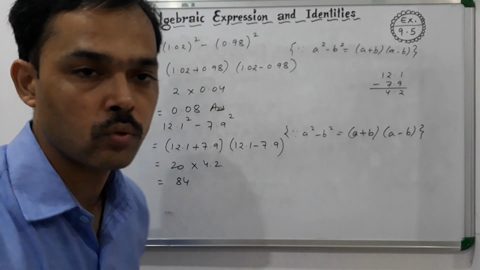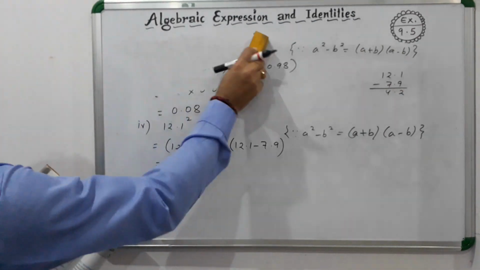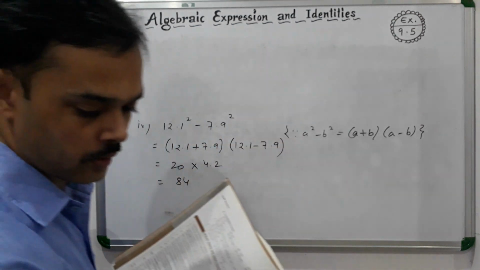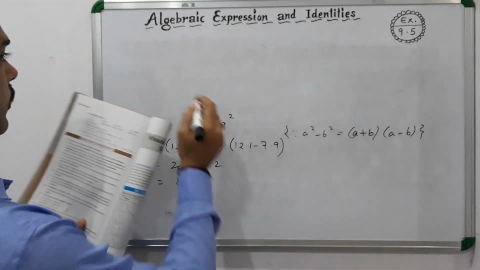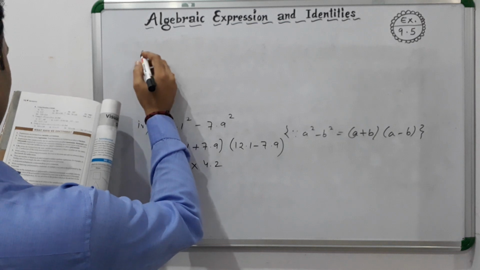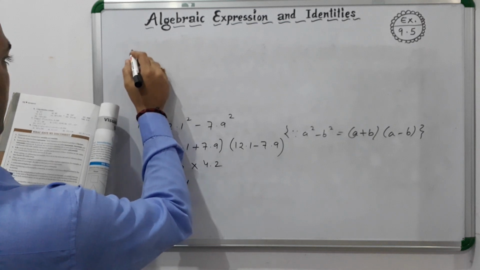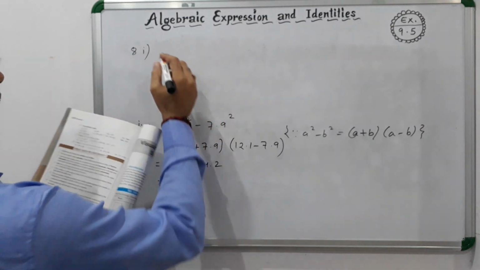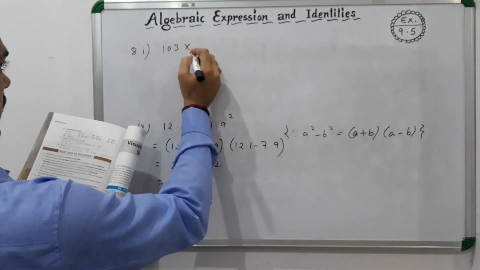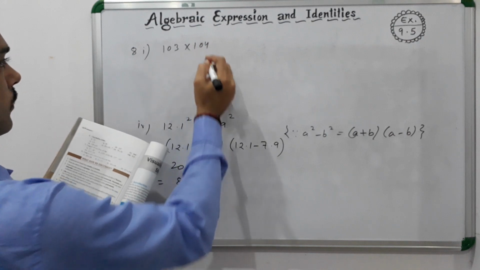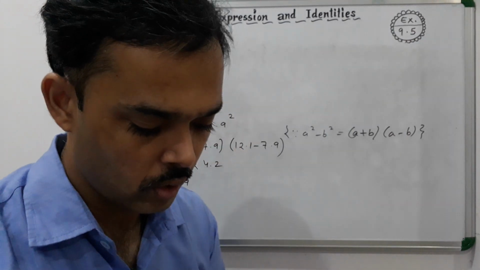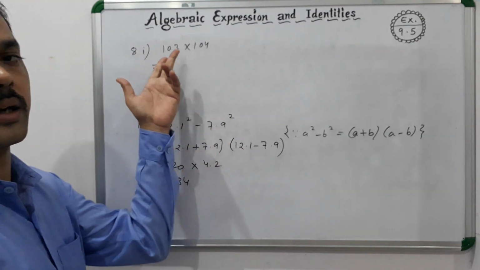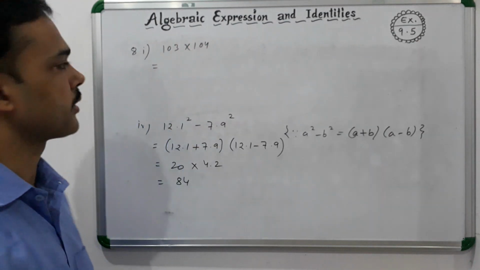Then let us now move on to question number 8. This is a very easy chapter. You people will be finding it very helpful in next classes as well as competitive examinations. In question number 8, let us do the first part. It is 103 into 104. Now you see that this is 3 greater than 100, and this is 4 greater than 100.